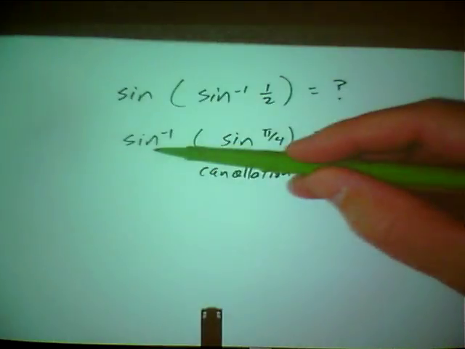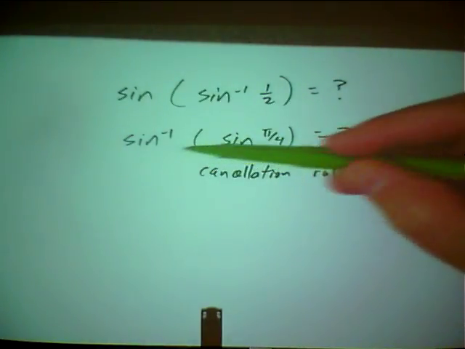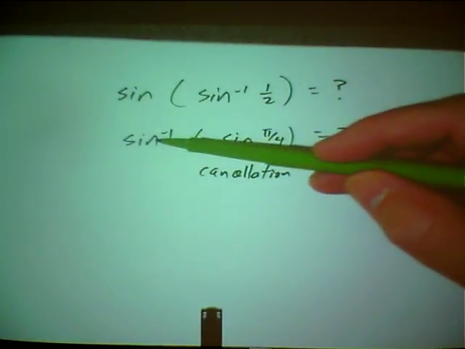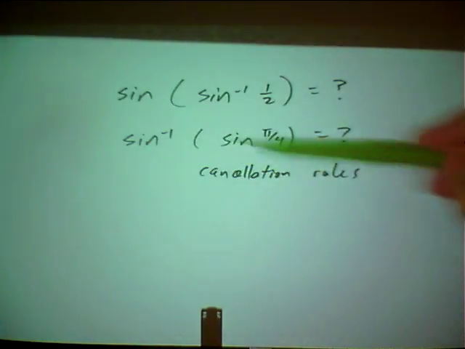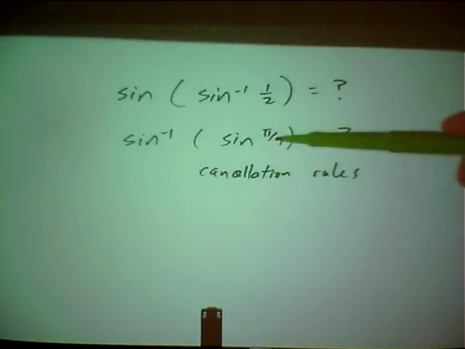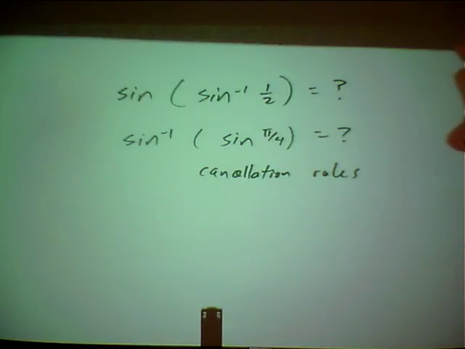Or for this one, if the cancellation rule applies, the inverse sine and the sine sort of cancel each other out, and the answer is just pi over 4. So when that's true, these problems are very easy to solve. But we have to understand the conditions by which these cancellation rules apply.